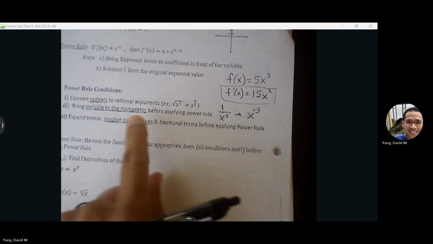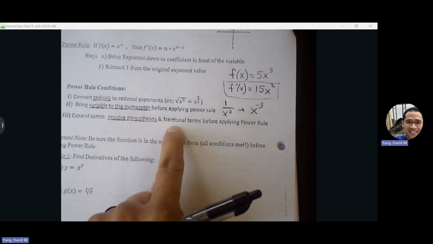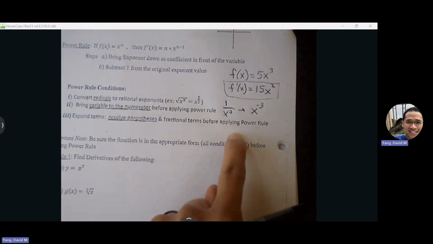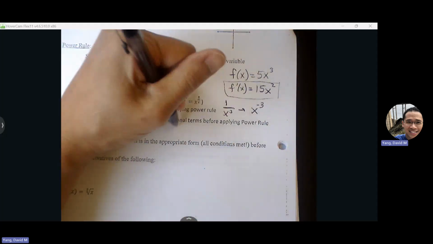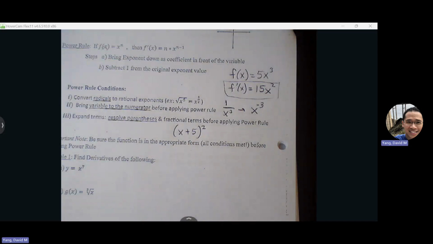And last thing is we want to resolve all parentheses and fractional terms before applying power rule. So if I had x plus 5 quantity squared, I first have to get rid of all the parentheses before I can apply power rule.